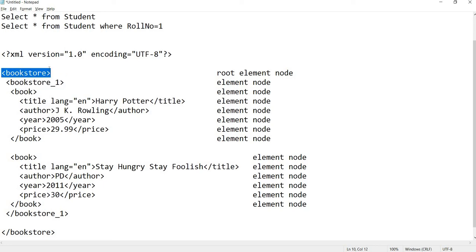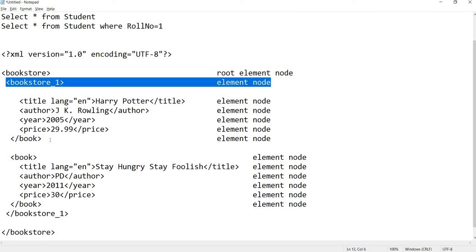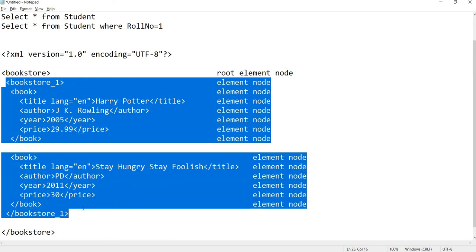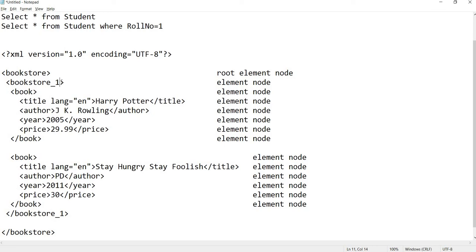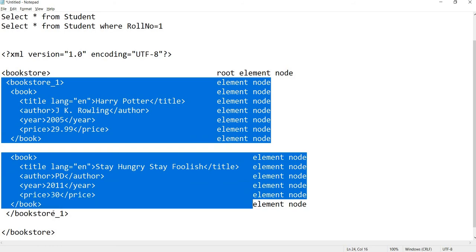You can see the containing element: this bookstore open, and here bookstore has been closed. All these are inside the bookstore open and bookstore close. So bookstore is a containing element and these are contained elements. The containing element is a parent of all the contained elements.